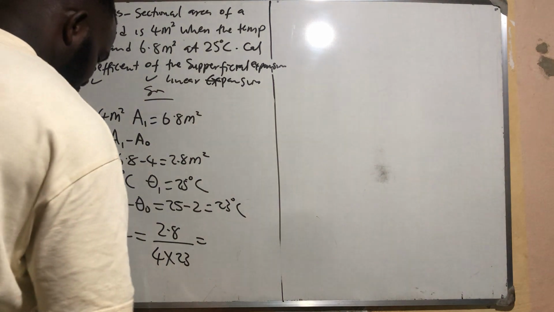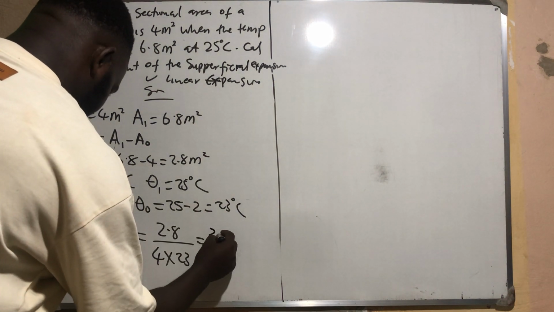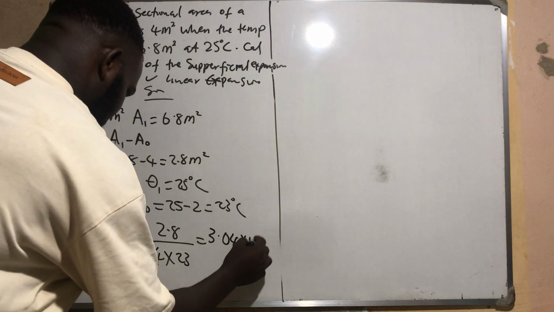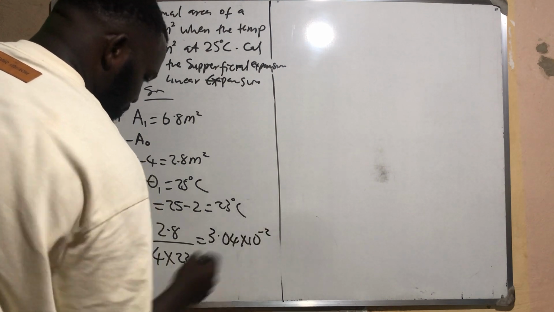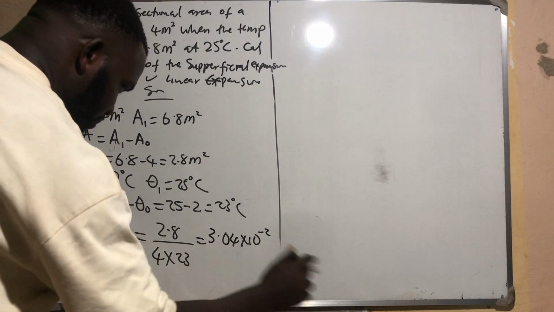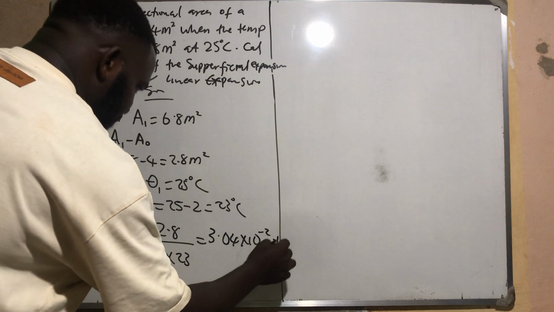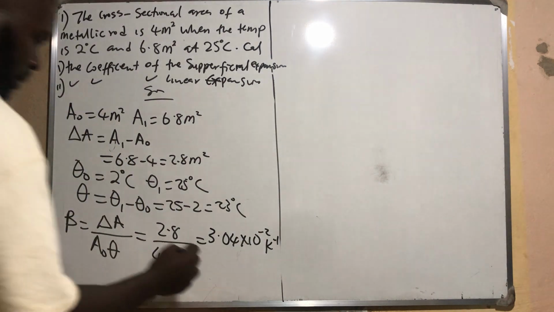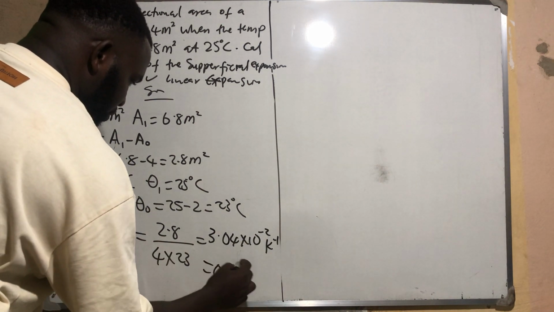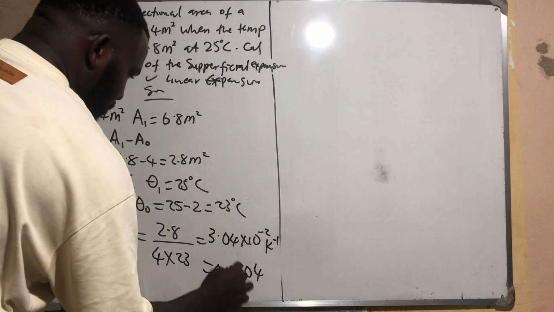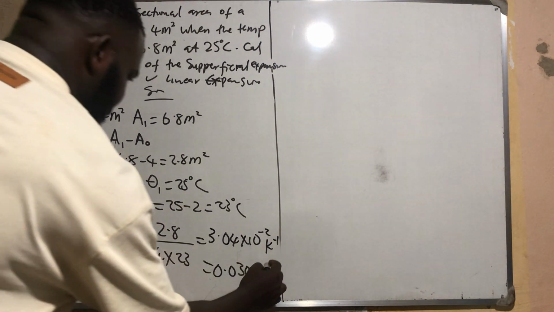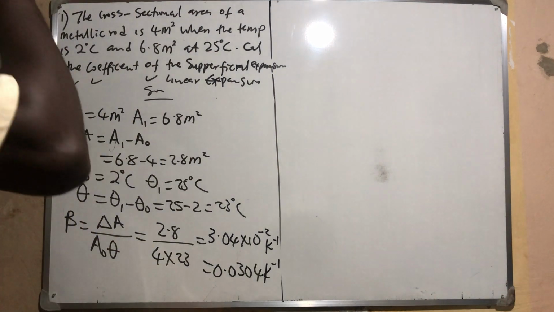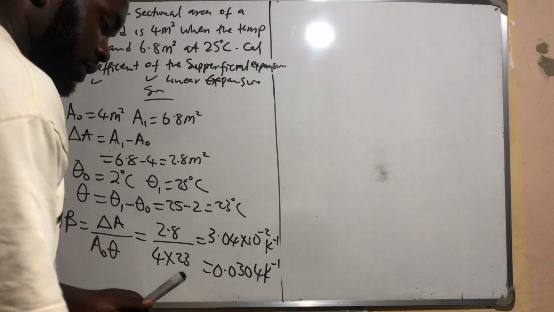So I have 3.04 times 10 raised to power minus 2. So that is my area expansivity per Kelvin, which is the same as saying 0.0301412 per Kelvin.